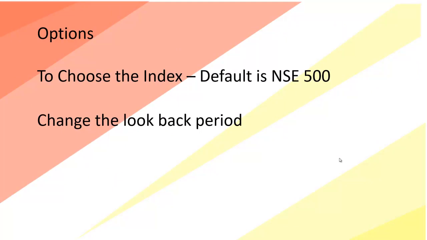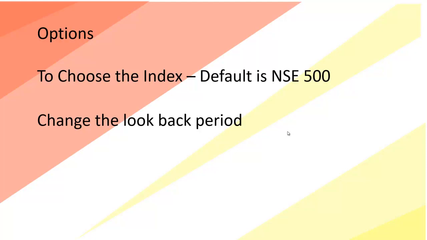There are two optional parameters provided with this indicator. One is to choose the index. You can choose any index or any stock, but the default is set to NSE 500, which represents the overall Indian market. But one is free to choose whatever index he wants. The second is the look back period, or the period for calculation of the relative strength.